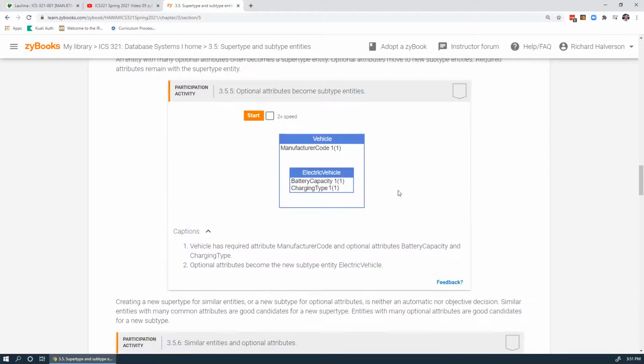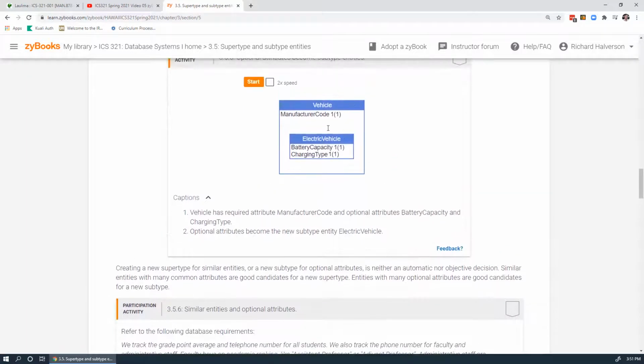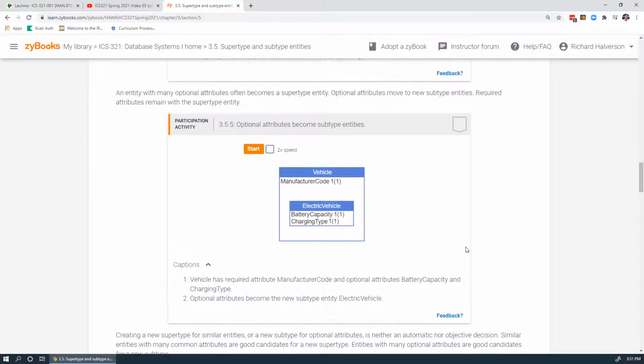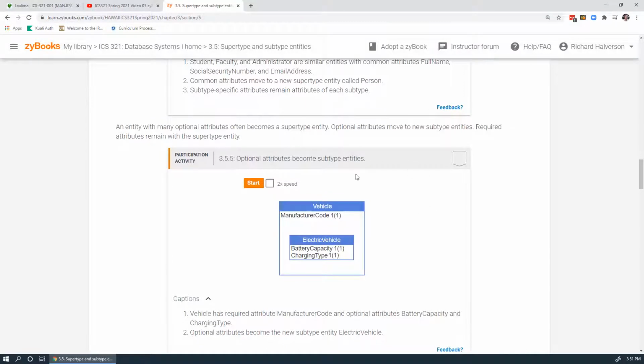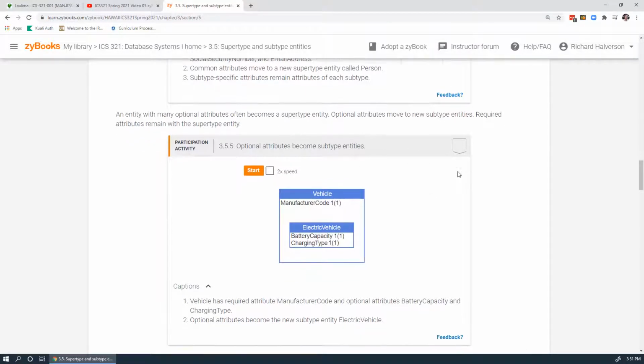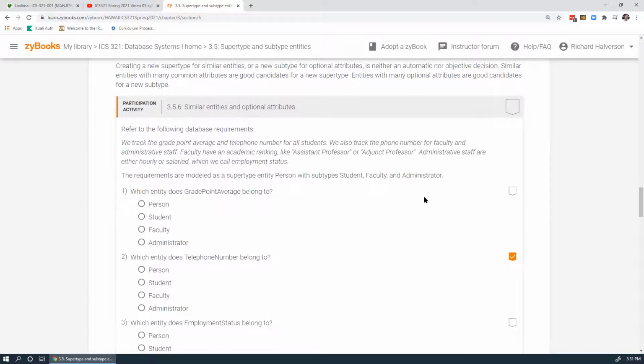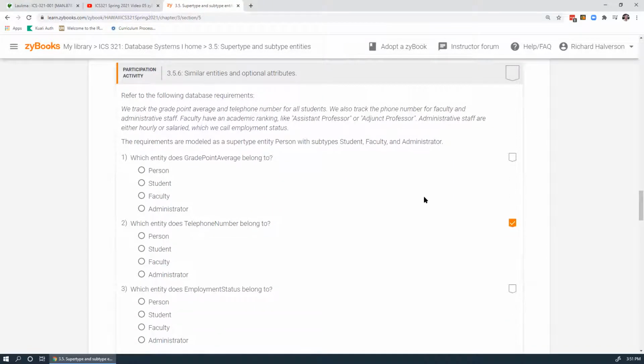Well, this is just explaining the distinction between attributes in the supertype and attributes in the subtype, similar attributes and optional attributes.